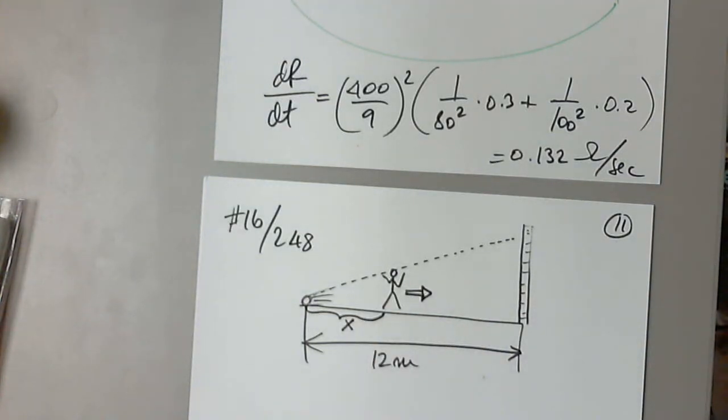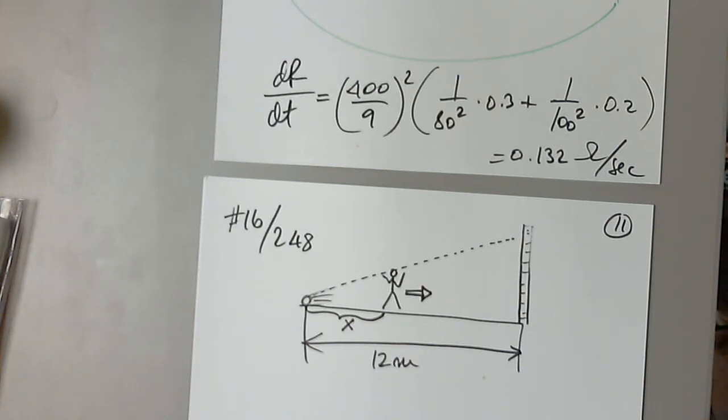So imagine that's the wall. The spotlight is right there on the floor. I'm not 2 meters tall, but I'm walking towards the wall. So this is the distance that I cover, and I'm covering it at a certain rate, right? So here's the spotlight, and I'm going this way. So this distance increases, and I'm covering it at a particular rate.